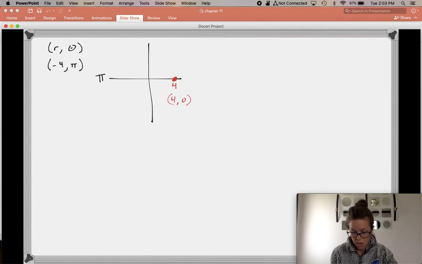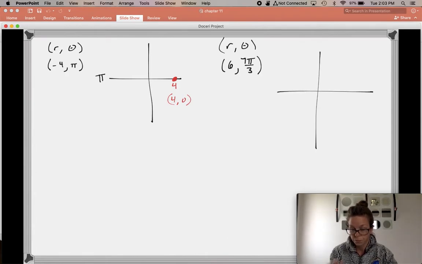Let's look at another one of these. Let's say our r comma theta is equal to 6, 7 pi thirds. Okay, so I'll start with the angle again. 7 pi over 3. I'm thinking about cutting this into pi thirds. Well, 6 pi over 3, that's 2 pi.